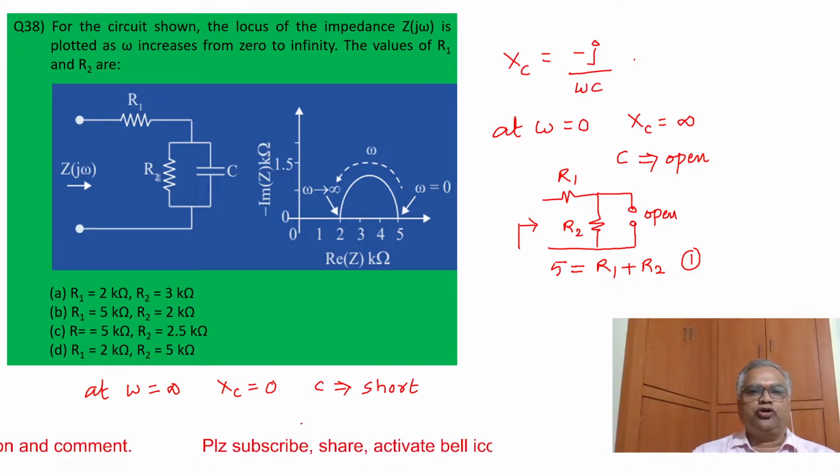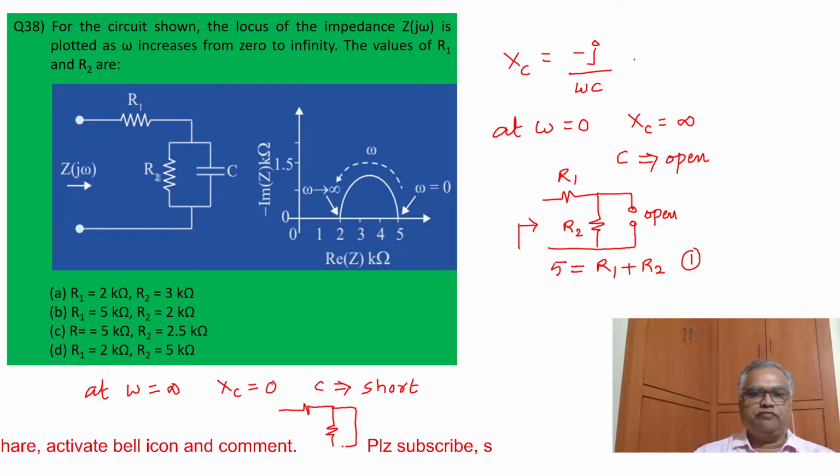When the capacitor is shorted, this branch is shorted, and this is R1, and the equivalent of the rest is 0.